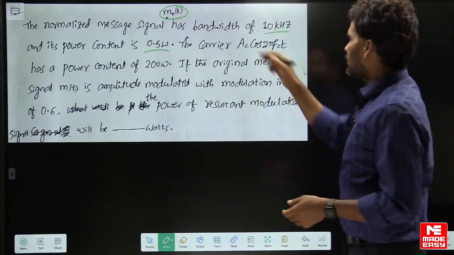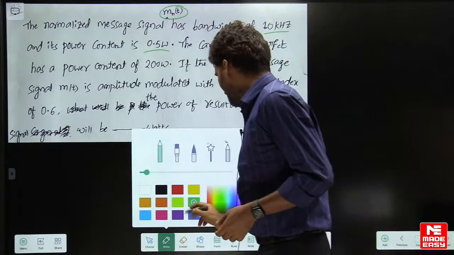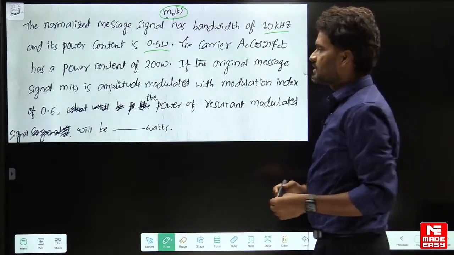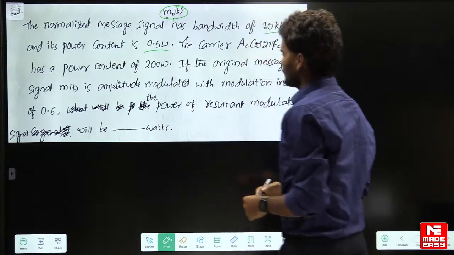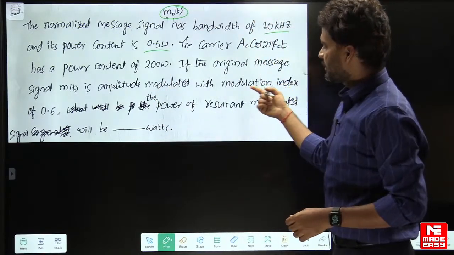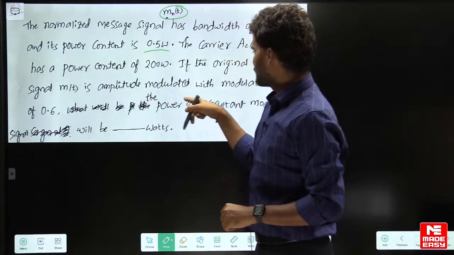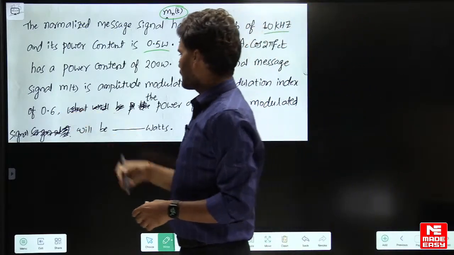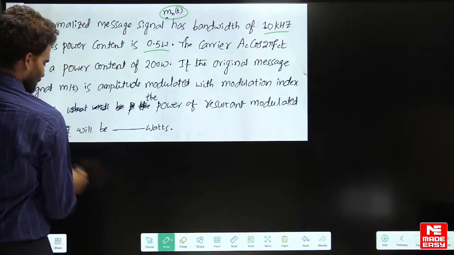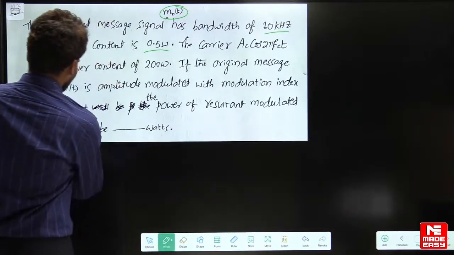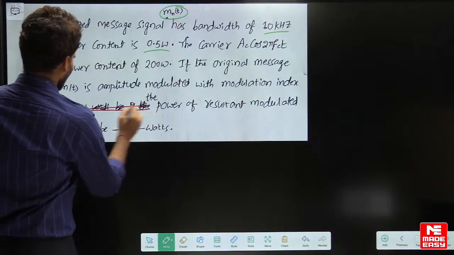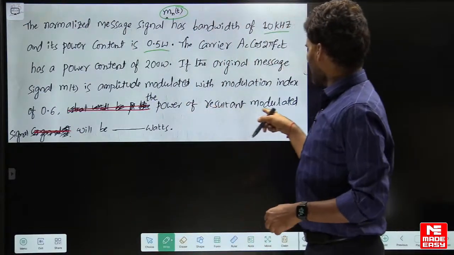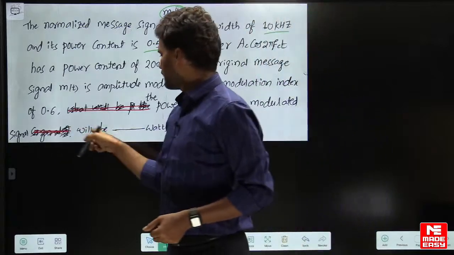The carrier A_c cos 2 pi f_c t has a power content of 200 watts. If the original message signal m(t) is amplitude modulated with modulation index 0.6, then you have to find the power of the resultant modulated signal, which will be dash watts.